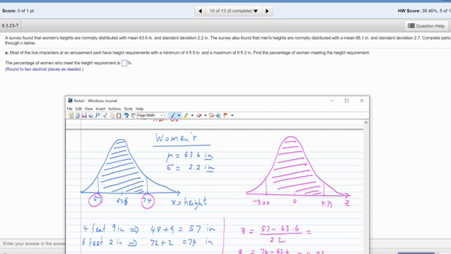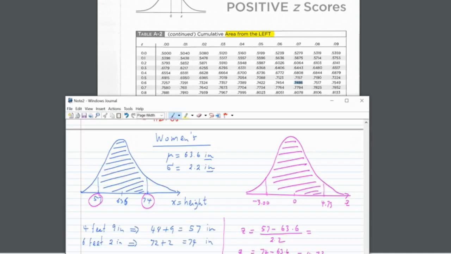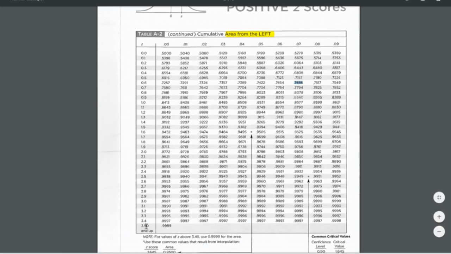Let's look at the table and get 4.73. This table goes up to 3.5, so 3.50 and up is 0.9999. Since 4.73 is greater than 3.5, we assume it is 0.9999.